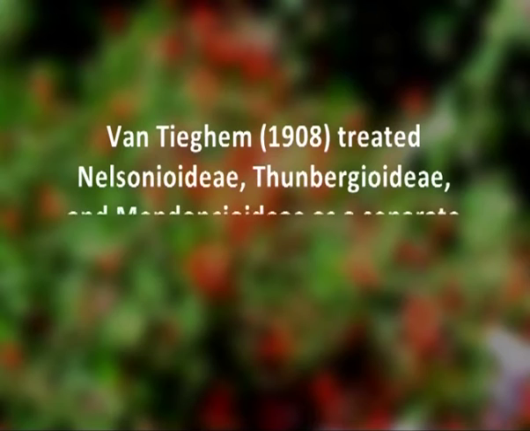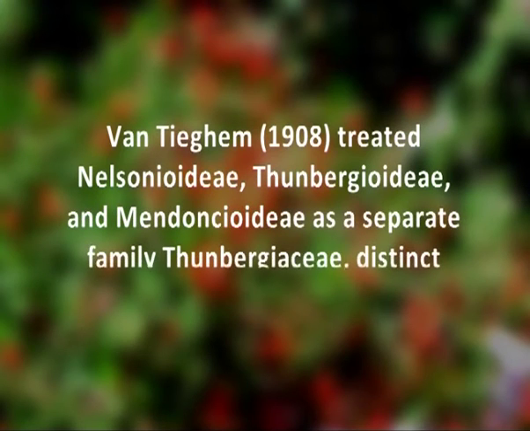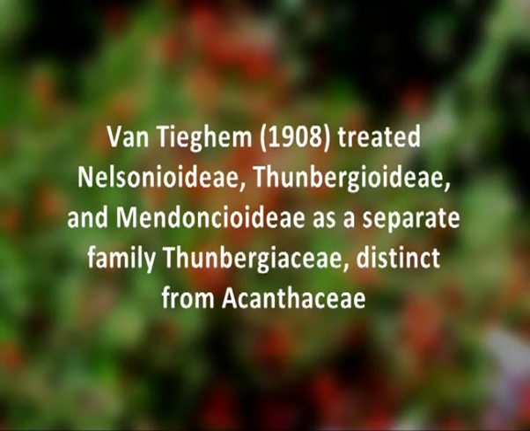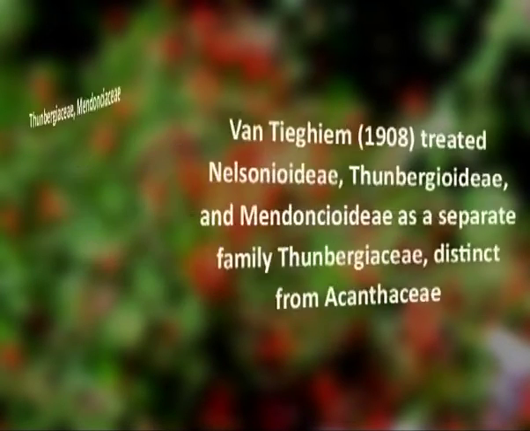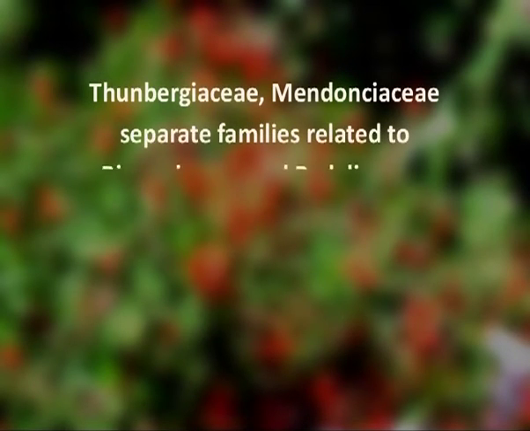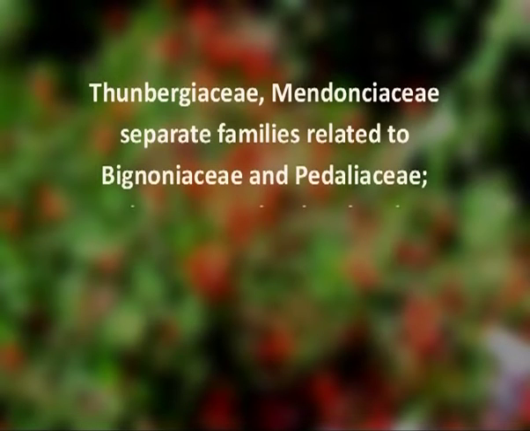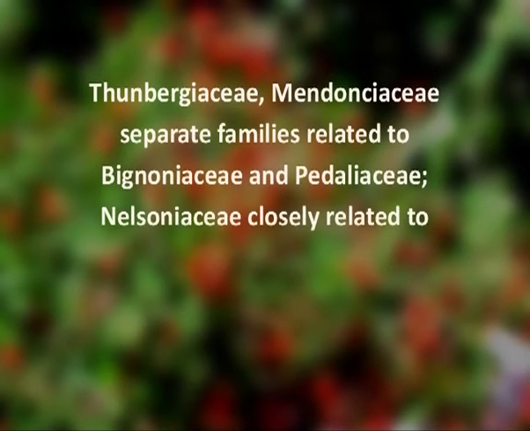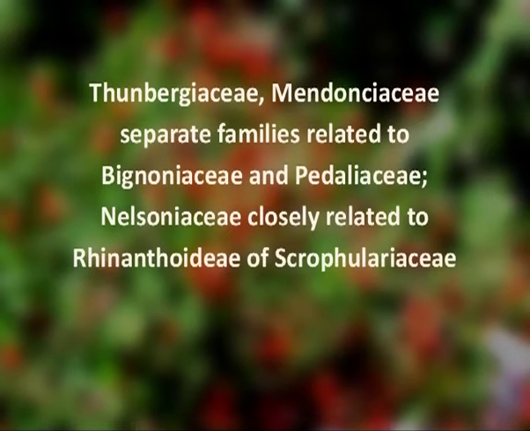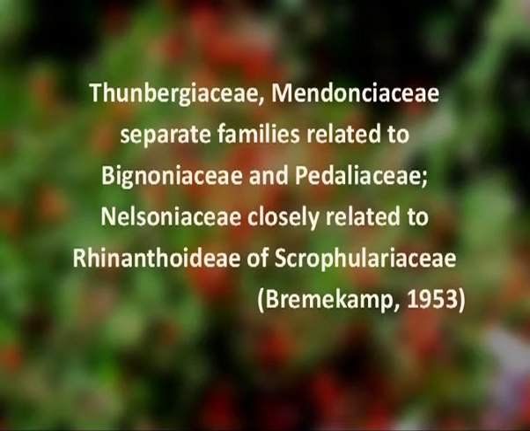Van Tieghem treated Nelsonioideae, Thunbergioideae, and Mendoncioideae as a separate family, distinct from Acanthaceae. Bremekamp, on the other hand, regarded Thunbergioideae and Mendoncioideae as separate families and related them to Bignoniaceae and Pedaliaceae, considering Nelsonioideae as closely related to Rhinanthoideae of Scrophulariales.